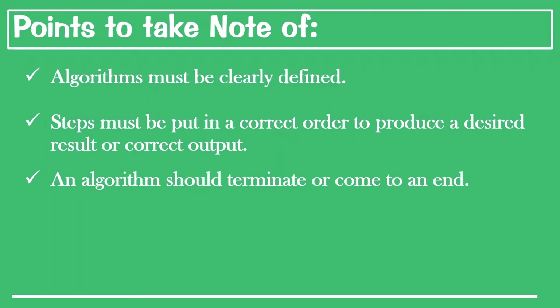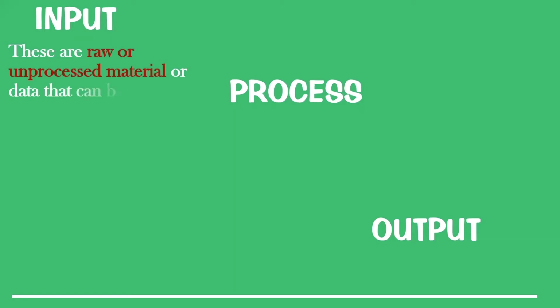Before you write an algorithm, you first need to analyze the problem. This will help you to determine what your input is, what output you will get, and the process involved in producing the required or desired outcome. Right, now let's start with input. These are raw or unprocessed materials or data that can be used to solve a problem.